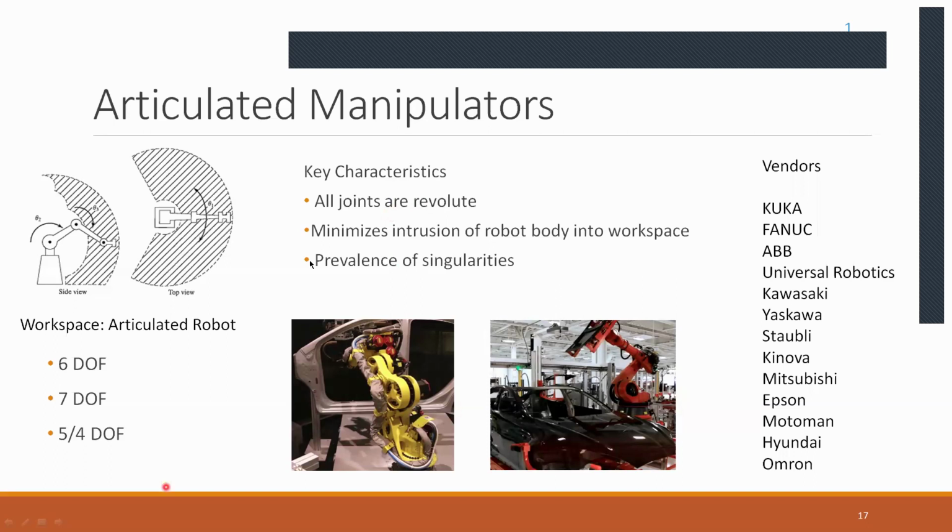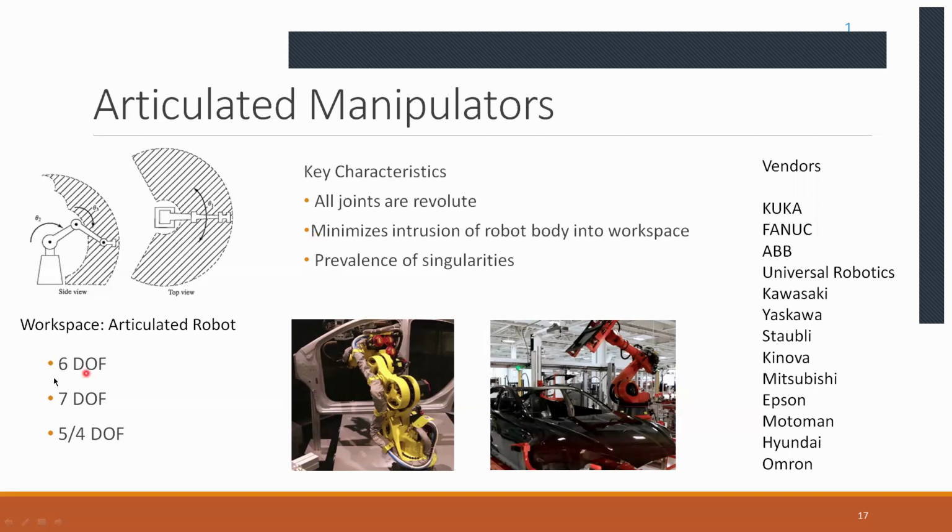And based on how many joints a robot arm has, it can also be broken down into 6, 7, 5, or 4 degrees of freedom. As we will learn later on in lecture 203, 6 degrees of freedom are required in order to position a particular object in space: 3 degrees of freedom to specify the location, and 3 more to specify the orientation.